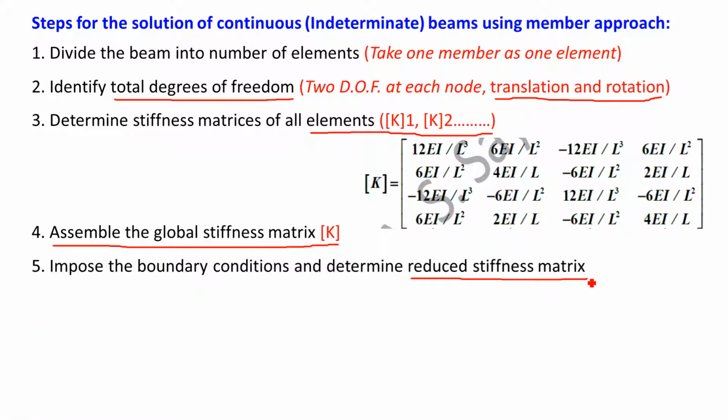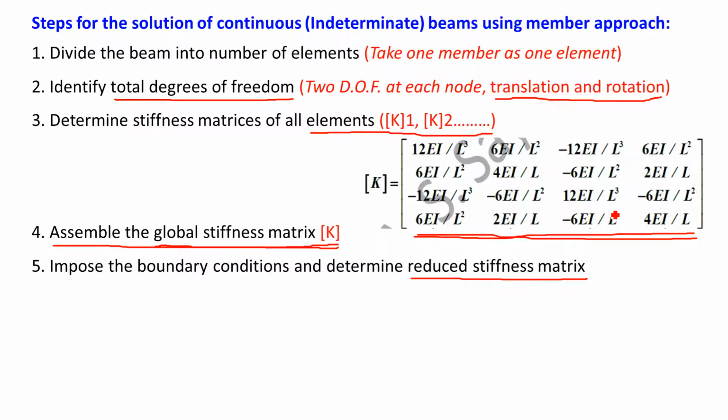Without considering any boundary conditions, the stiffness matrix for the total number of degrees of freedom is called the global stiffness matrix. The stiffness matrix for one single member is called the member stiffness matrix. So there are three types of stiffness matrices in the member approach. First is the stiffness matrix for each member, which is of order 4 by 4.